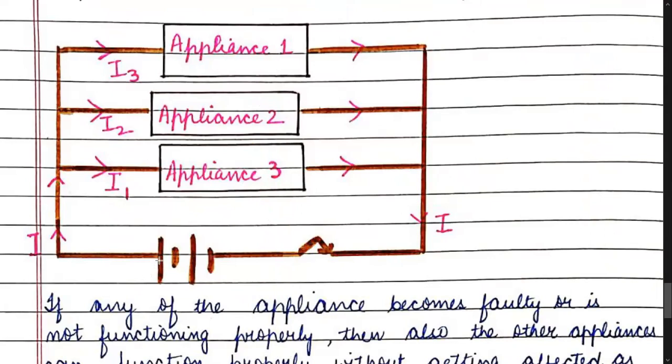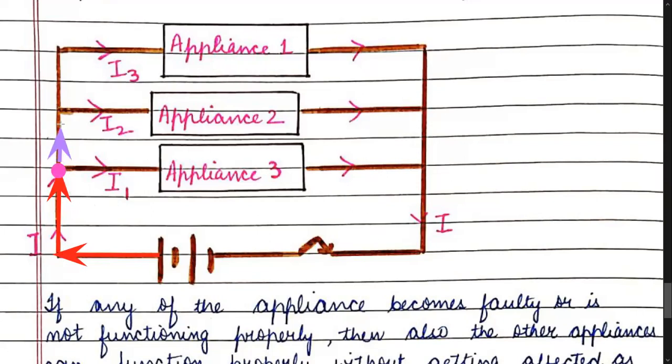So students, when the current starts flowing from the positive end of the battery and reaches the intersection point, then the current gets divided. Now students, see, at the intersection point of the connecting wires, the current is having 2 ways.